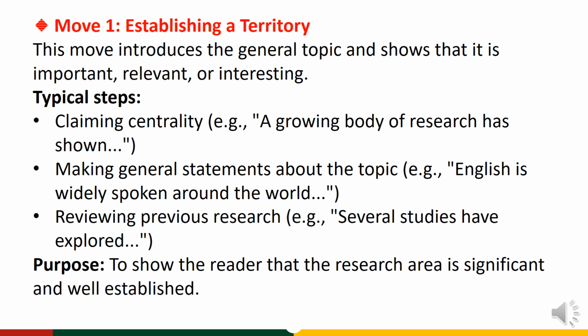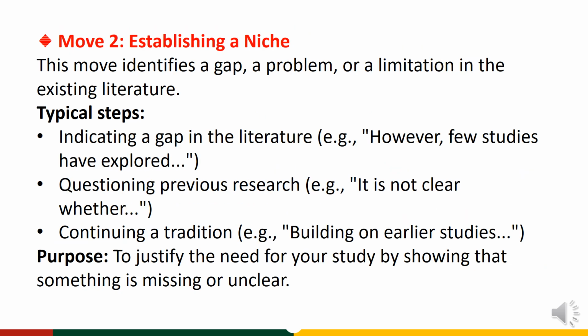And the second one, you can also make general statement about the topic, like English is widely spoken around the world. Or you can also review previous research, like several studies have explored blah blah blah blah. And the purpose of establishing territory is to show your readers that the research area is significant and well established.